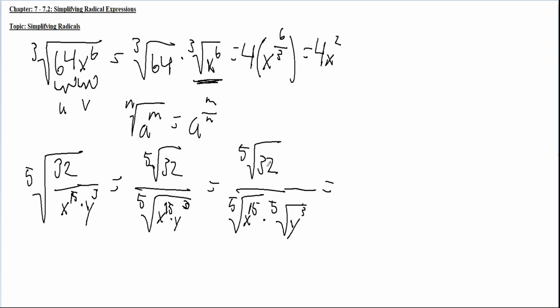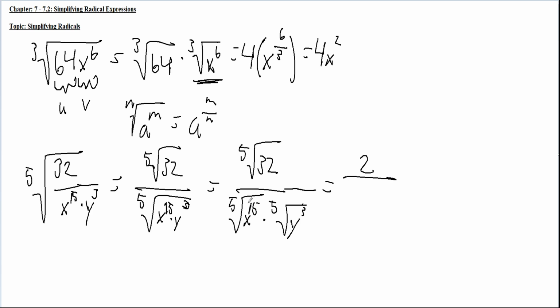So the 5th root of 32. I want to think about that a little, and so, using my knowledge of radicals and exponents, since I am taking the 5th root of 32, I want to think of a number that when multiplied 5 times gives me 32. So I'll let you pause the video and give that a second to think about. Okay, so if you paused the video and thought about it, then you should have gotten that the 5th root of 32 is 2, okay?